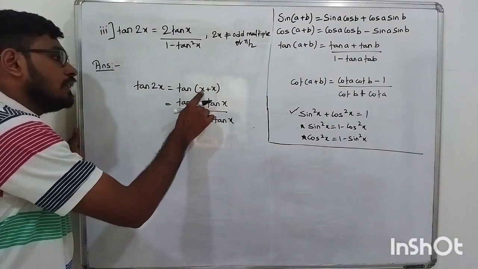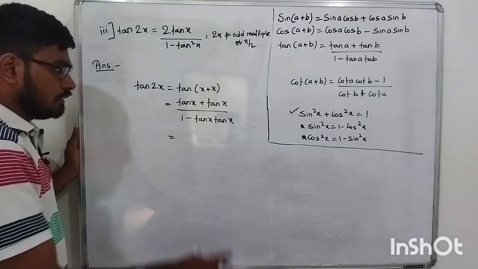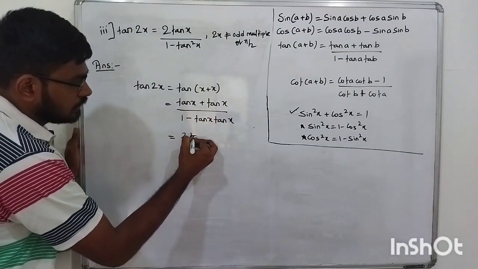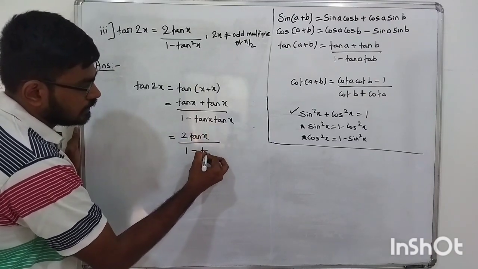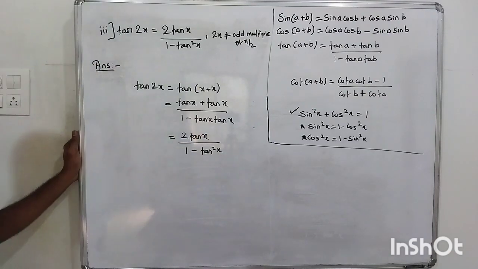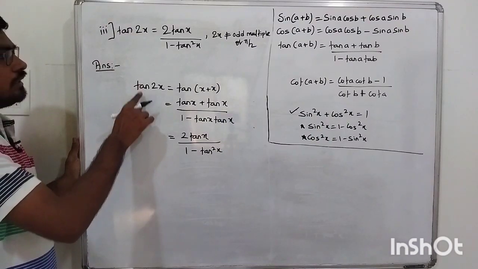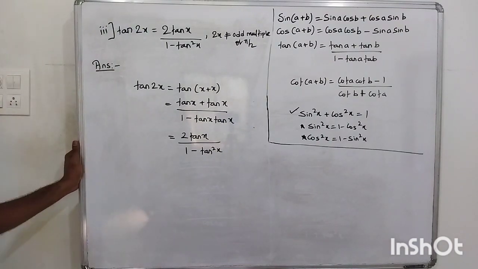In place of a we have x, in place of b we have x only. Tan x plus tan x is 2 tan x upon 1 minus tan x into tan x, which is tan square x. So we got the formula of tan 2x.